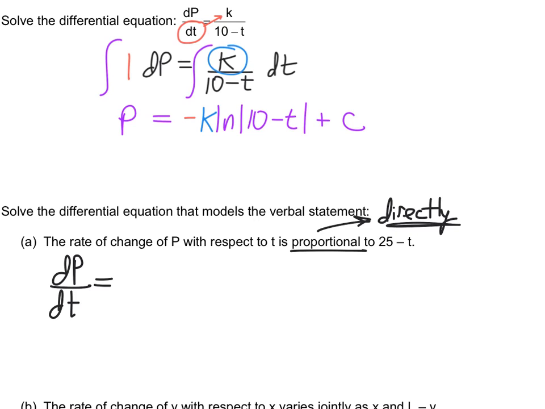If it's some other kind of proportionality, they would indicate that. If it's inversely proportional, they would say inversely proportional, right, or jointly. All right. So the model is going to be in the form of y equals kx. So dp dt equals k times the thing that it's proportional to, in this case 25 minus t.